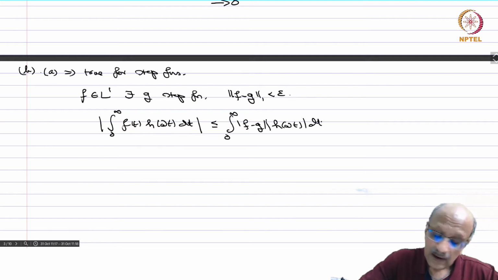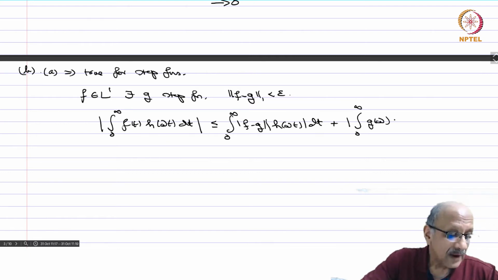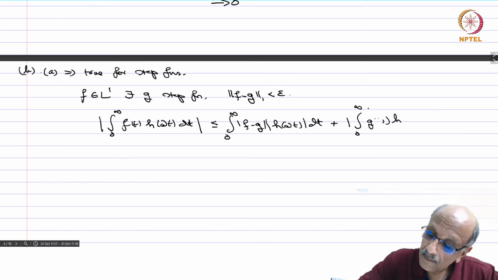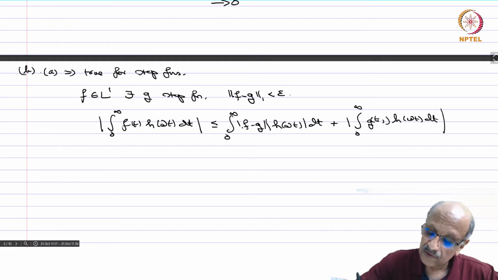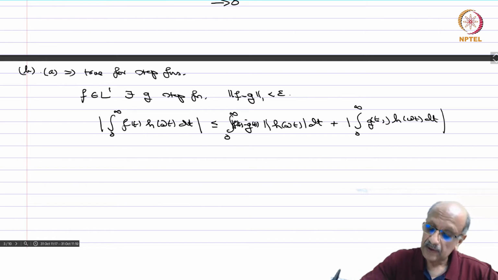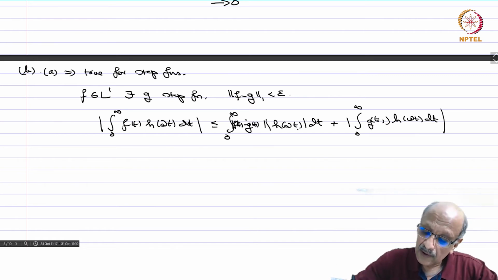plus the modulus of the integral from 0 to infinity of g of t h of omega t dt. So this is f of t minus g of t. In the first term, h is a bounded measurable function, so it is less than or equal to m.